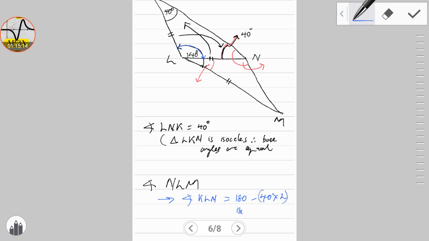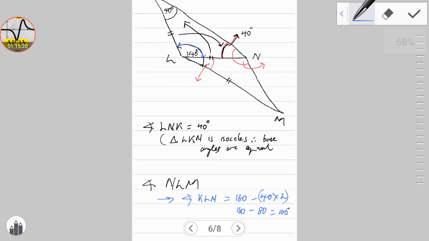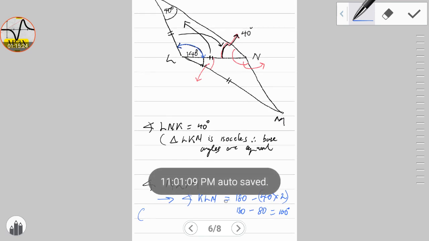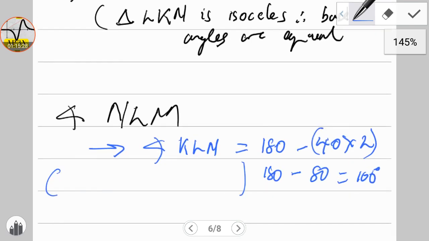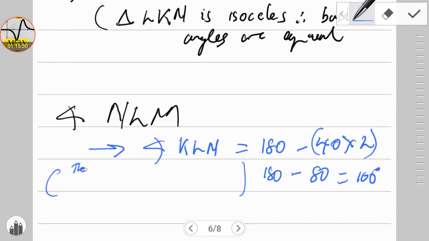That's 180 minus 80, which is equal to 100 degrees. The geometric reasoning is that the sum of the angles in a triangle is 180. You have to write a geometric statement. So, the sum of the angles in a triangle are supplementary.